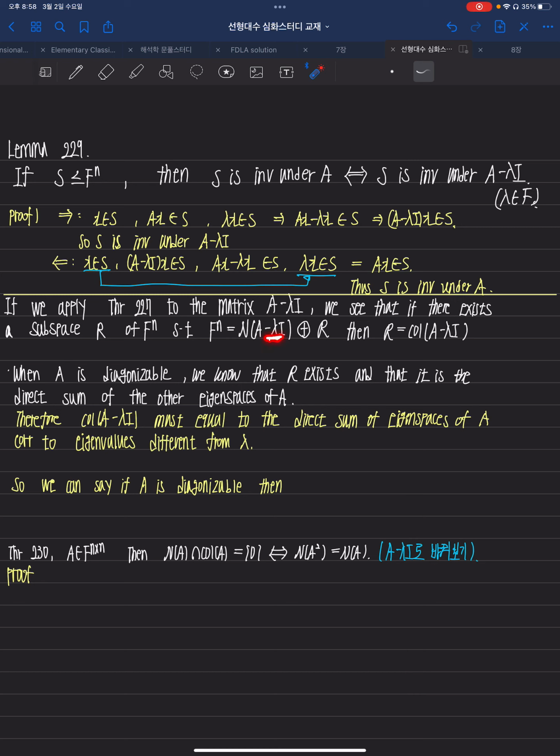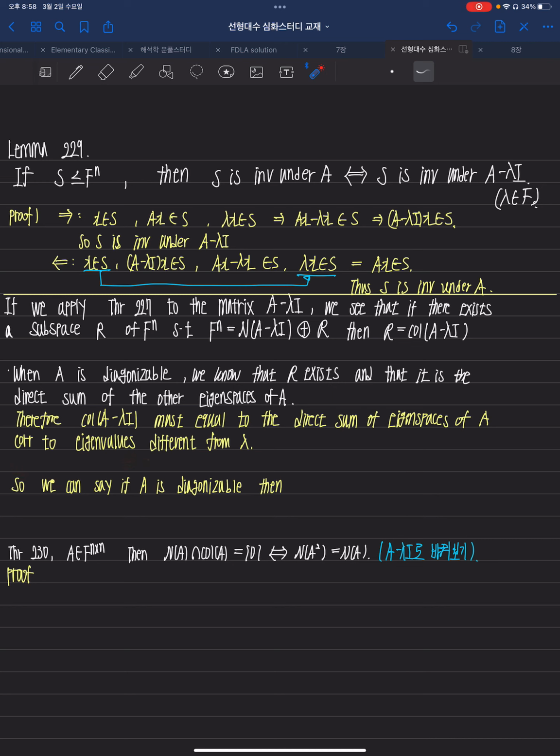Therefore, the column space of A minus lambda I must equal the direct sum of eigenspaces of A corresponding to eigenvalues different from lambda.